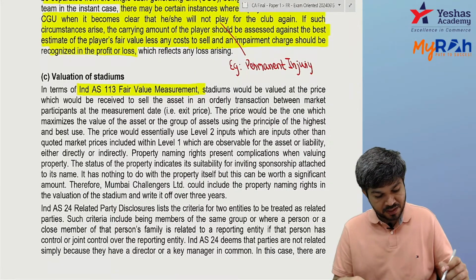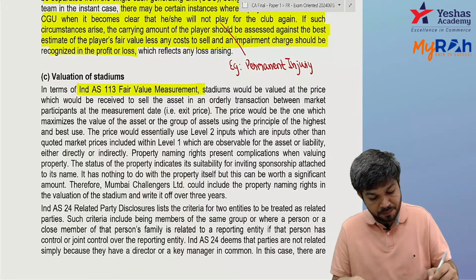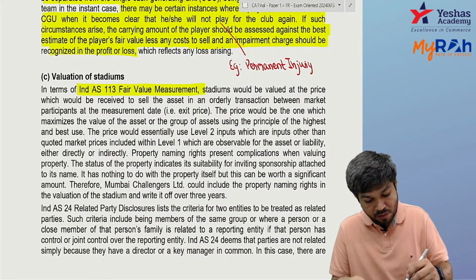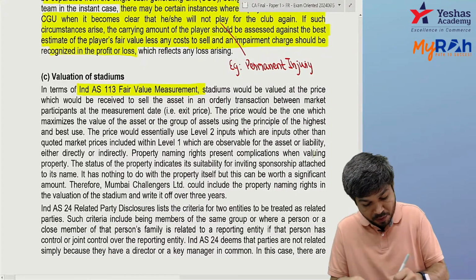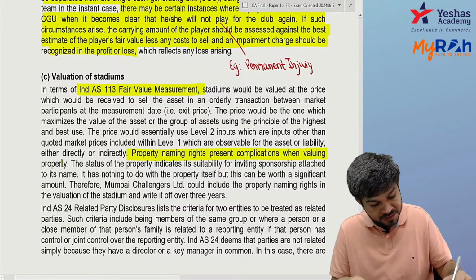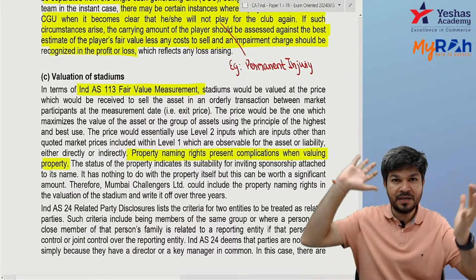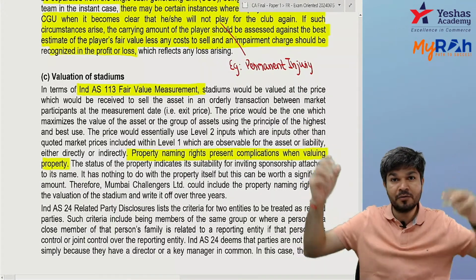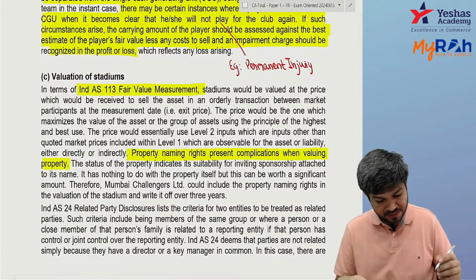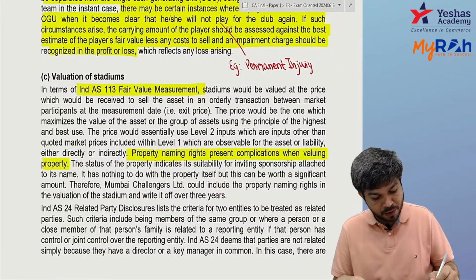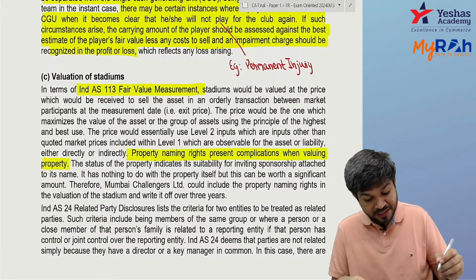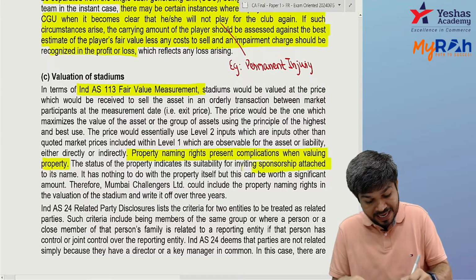Okay. Now, the status of property naming right presents complication when valuing the property. Whenever you're valuing property, you will get money for the naming right, this will come, that will come. We are trying to have a greater fair value. Okay. The status of the property indicates its suitability for inviting sponsorship attached to the name.